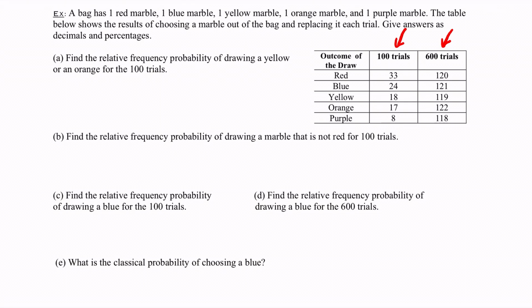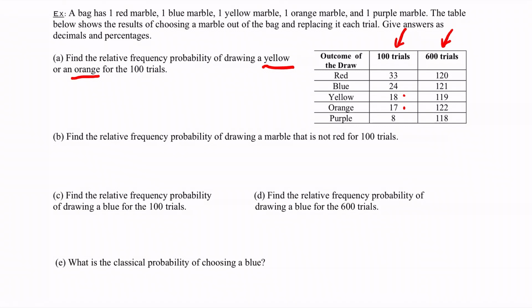So to find the relative frequency probability of drawing a yellow or an orange in those 100 trials, all we have to do is think about how many outcomes we had all together. We've performed the experiment 100 times. 18 times we got a yellow and 17 times we got an orange.